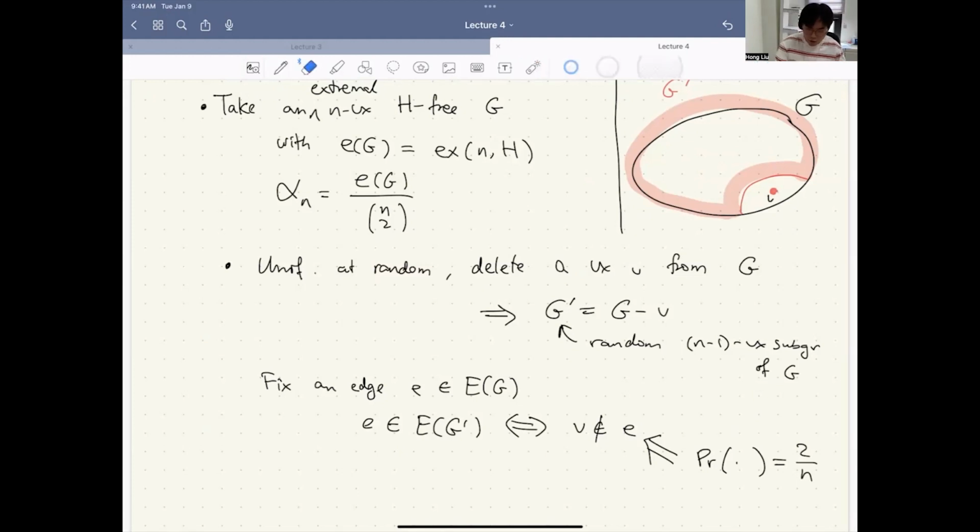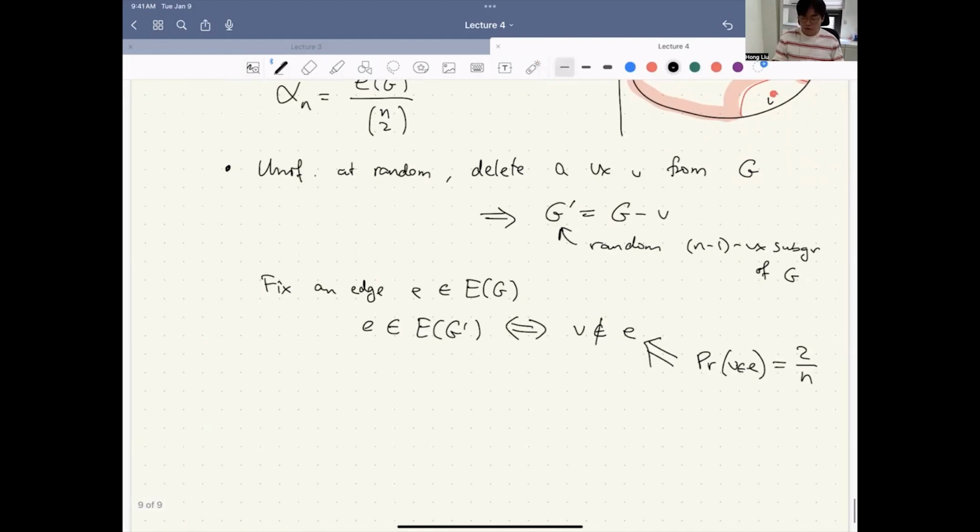Oh, I wrote it wrong. This is actually V in E, with probability 2 over n. So that implies the probability that this edge is an edge of G prime is 1 minus 2 over n.